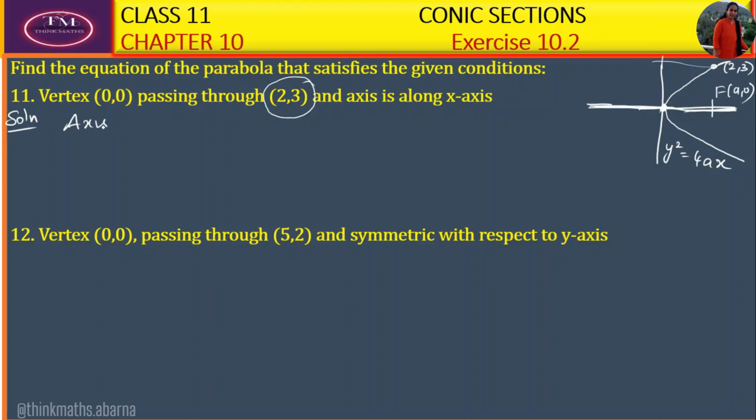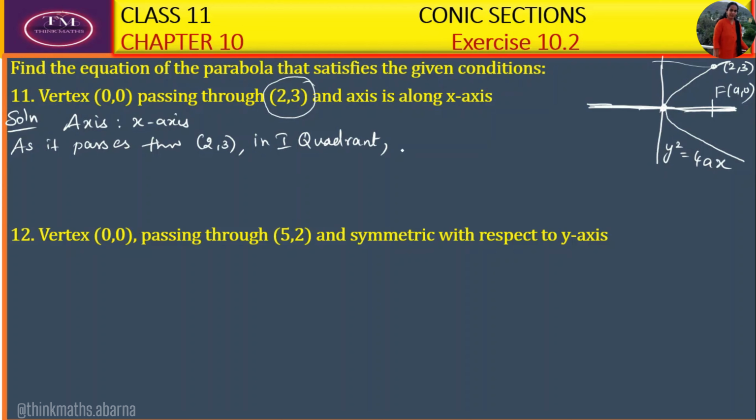So here the axis is given as x-axis and as it passes through 2 comma 3 which is in first quadrant. As it is in first quadrant, all the values will be positive.